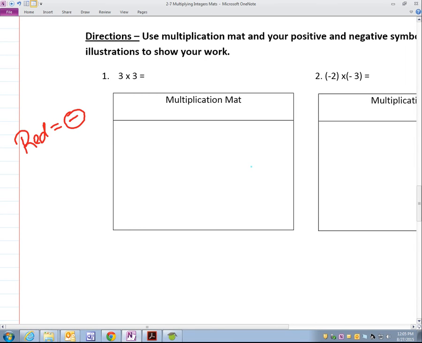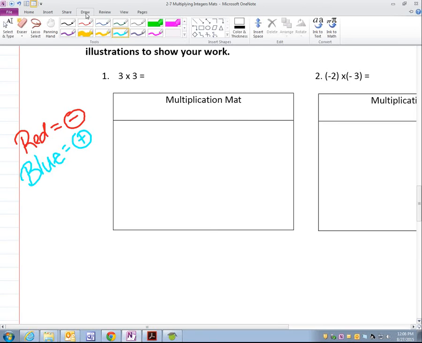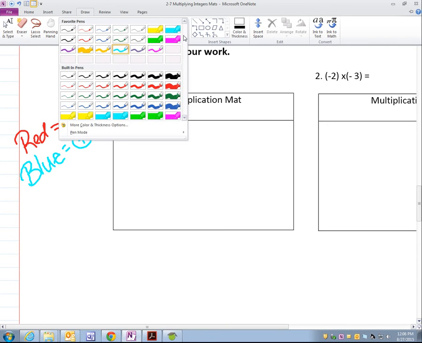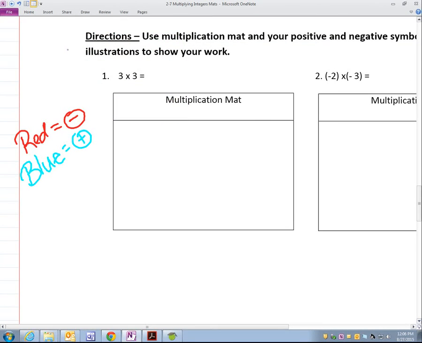See if you guys can see this. Can you see that at all? Blue is going to be positive. Does it show up better on YouTube? Oh, it shows up a lot better on YouTube. That might be too light. I'm going to go purple.